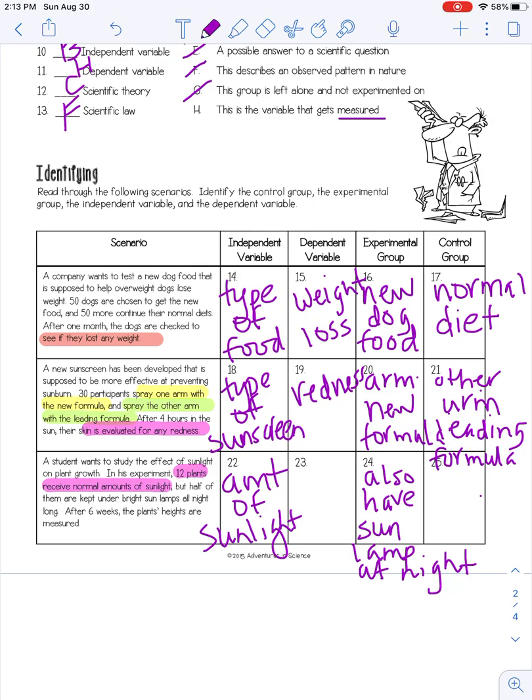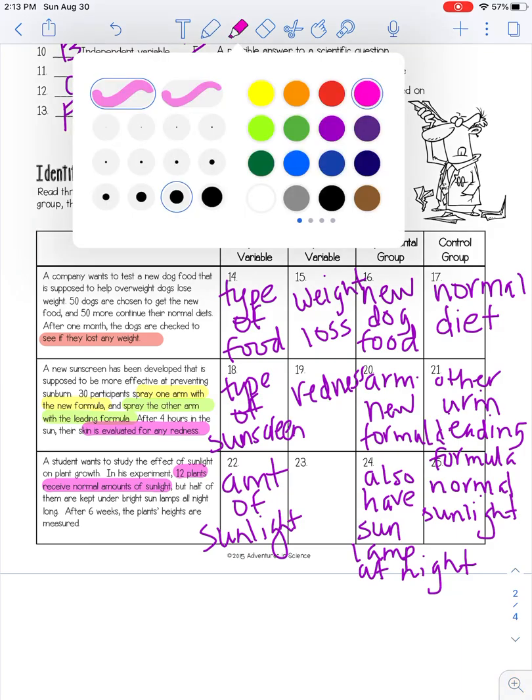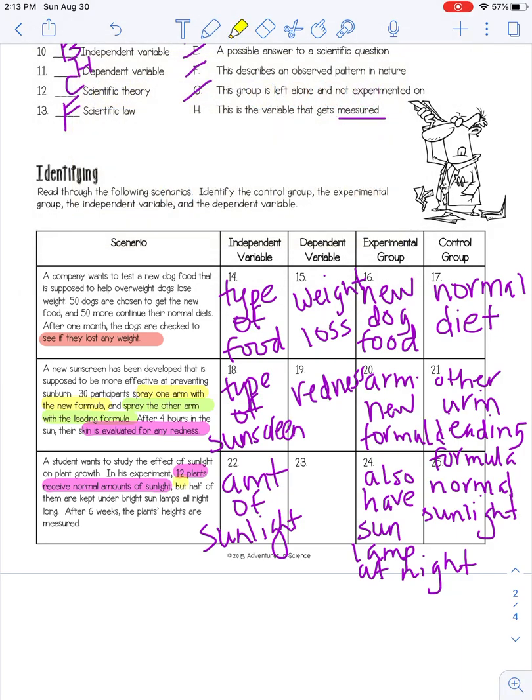So that actually is what the control group gets, just normal sunlight. I know this is a little messy, sorry guys. They're going to receive the normal sunlight. But then we have this other group who is also going to receive the sun lamp at night. So the experimental group is also going to receive the sun lamp at night, in addition to having the sunlight during the day like the other group.